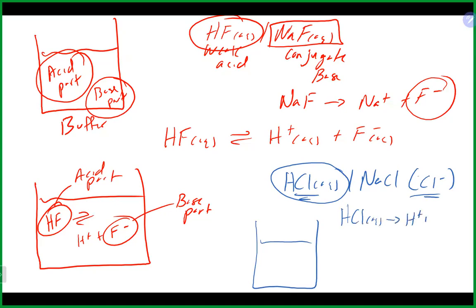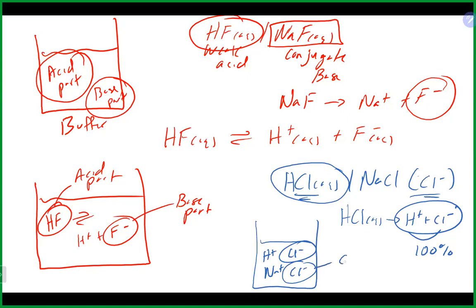It is going to 100% break apart into these guys, which means if I look at my buffer now, what I have in that solution is H plus, a lot of H plus, Cl minus from the acid. I also have some sodium ions and chloride ions there from my base. And in this case, the only thing that we have in the solution is the base part of the buffer. We do not have the acid part of the buffer.